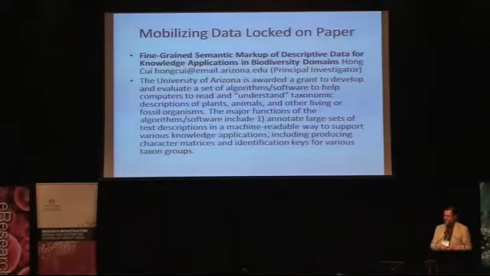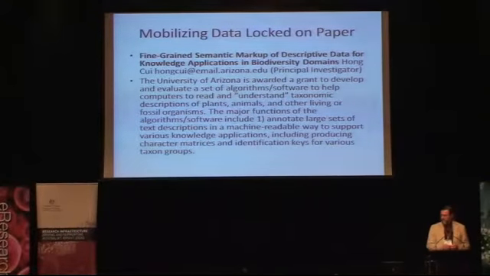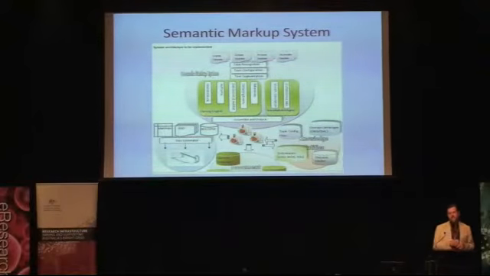So mobilizing data locked in paper. Very proud of an old doctoral student of mine. Well, she's not that old yet. Doctoral student of mine working on fine-grained semantic markup of descriptive data in biodiversity domains. So what she's working on is pulling out morphological characteristics from this literature.